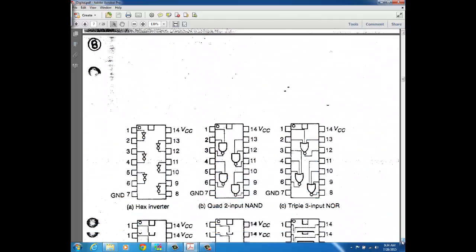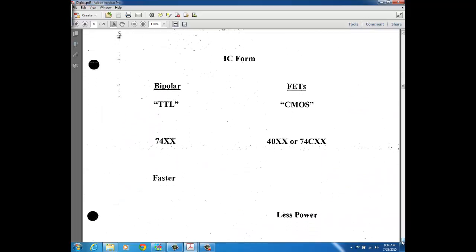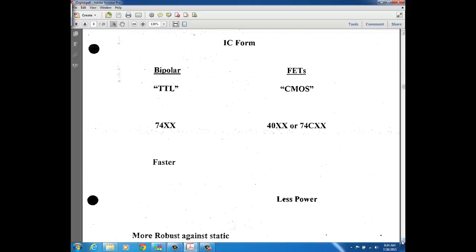Now, there are 2 popular families of integrated circuits where the gates are built. There's what's called TTL, which stands for transistor-transistor logic, and there's also CMOS, which stands for complementary metal oxide semiconductor.